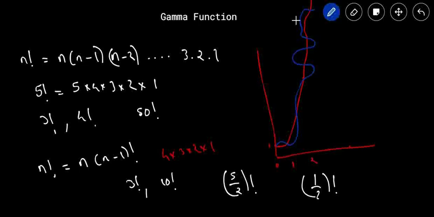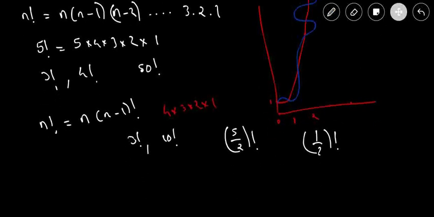There will be a lot of functions. So in order to calculate 5 upon 2 factorial or even 1 upon 2 factorial, we have to generalize it. All right, so here comes the importance of our gamma function.